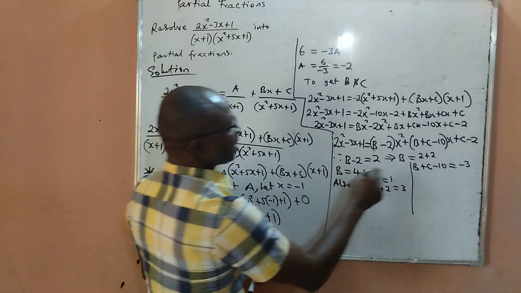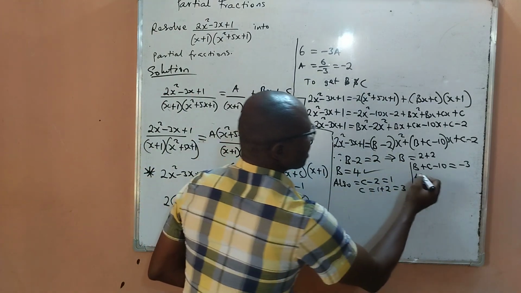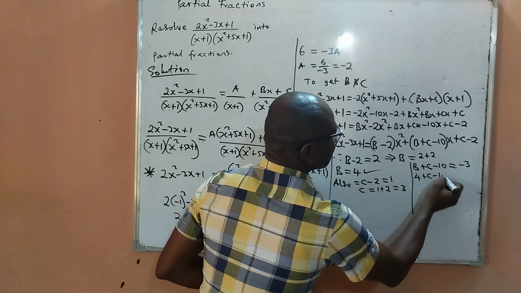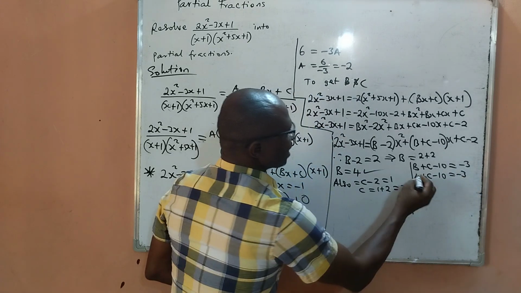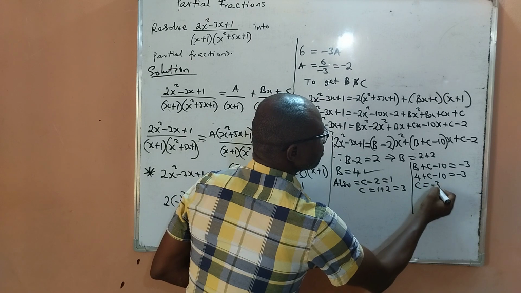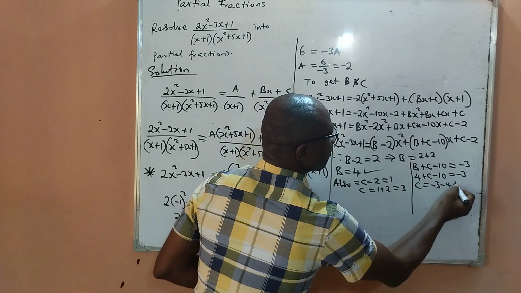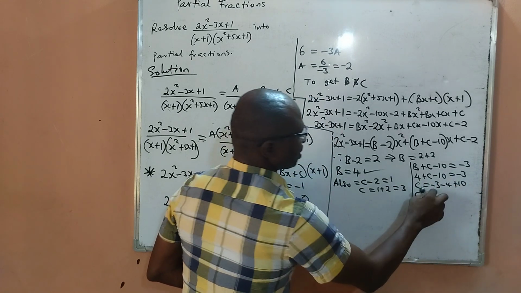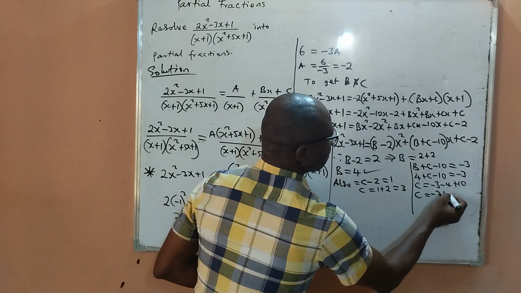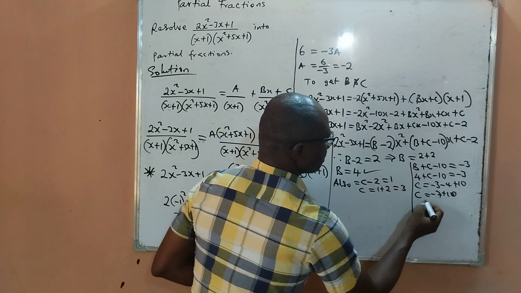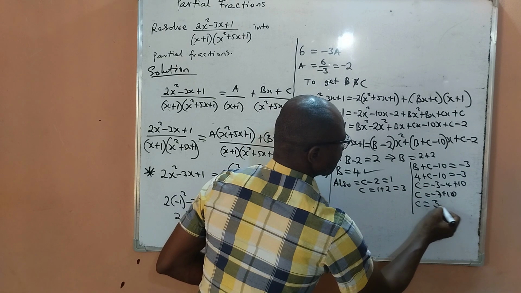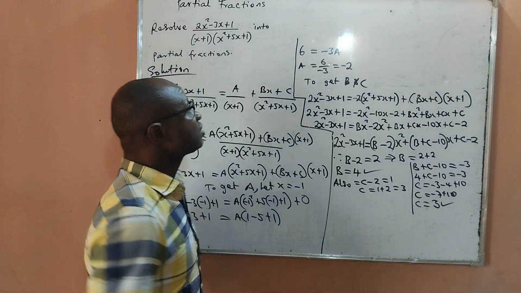I got the value of b as 4, so I replace it. So I now have 4 plus c minus 10 equal to negative 3. Now, c therefore is minus 3 minus 4 plus 10. Therefore, c is equal to minus 7 plus 10, which is c equal to 3. Now we have gotten all the variables.